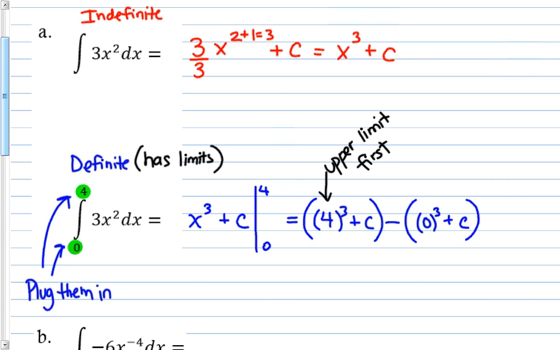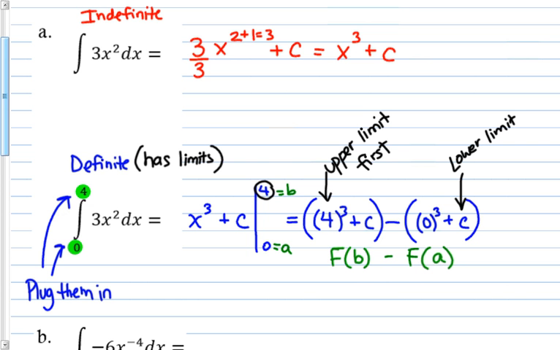Nope. The upper limit goes first. Right? So you're going to do b minus a. If this is a and this is b, you're going to do f of b minus f of a. I repeat, upper limit does not mean the bigger number.